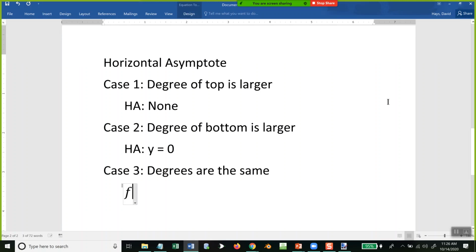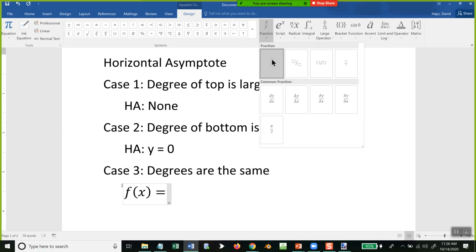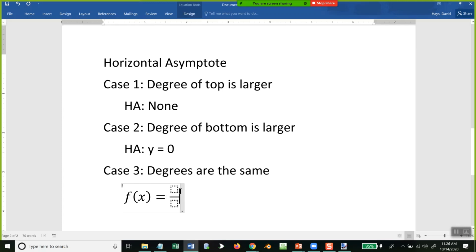So let's say I have f of x equals 7x squared minus 5x plus 2 over 8 minus 3x squared.